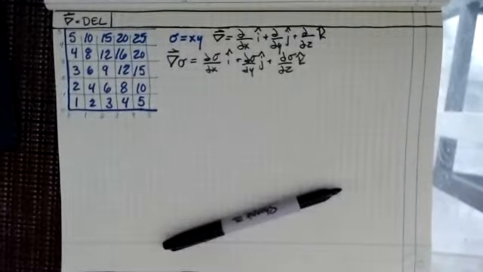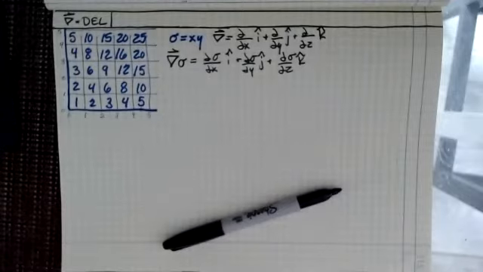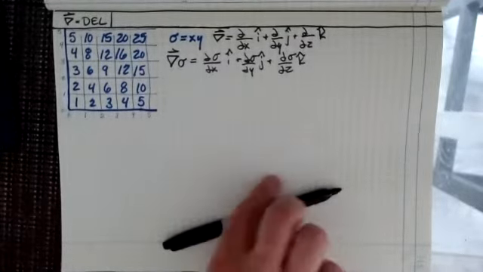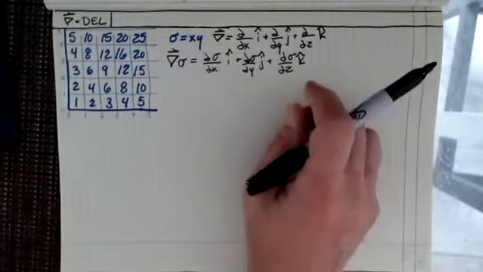So all I've done is multiply the del operator by the scalar field that we've got here.